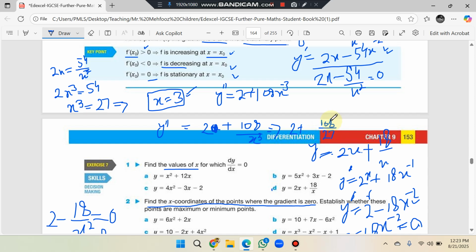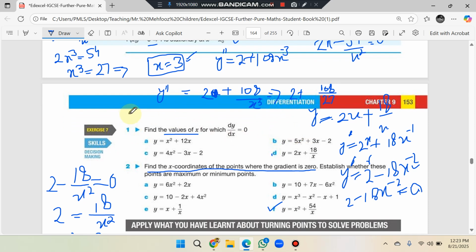So what is the answer? 108 divided by 27, what is the answer? 4. Yes, it is 4. So your second derivative has the value 6. Is 6 positive or negative? Positive. It means that this point is a minimum point.